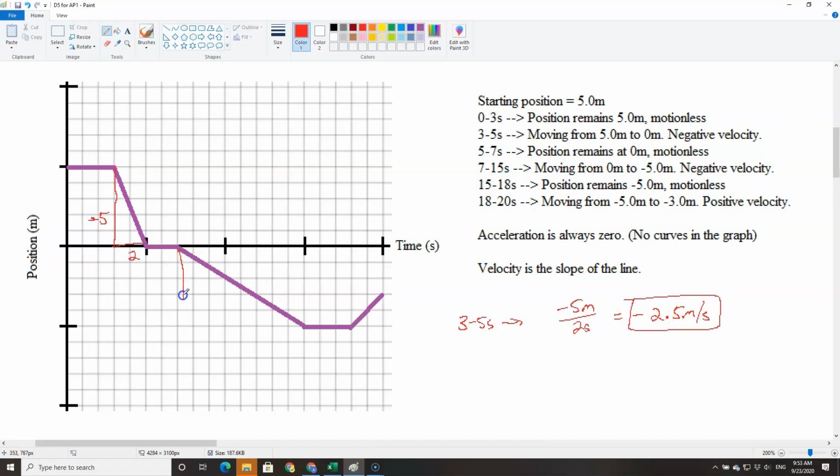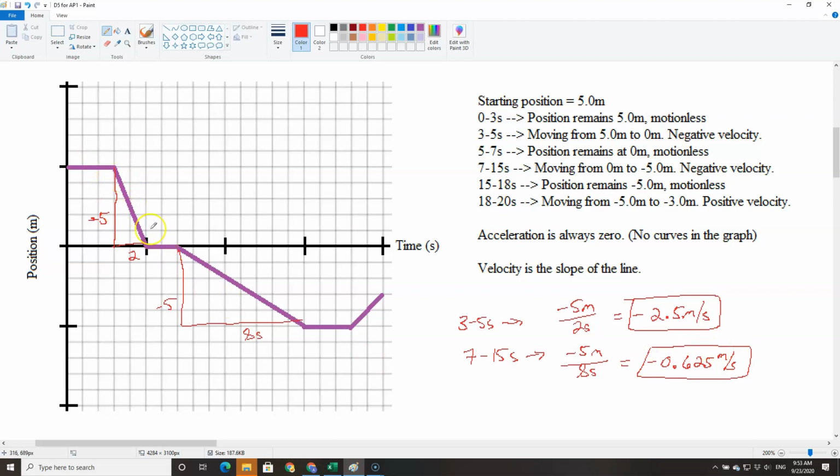Looking at this segment here, this is negative 5 meters. That spans 8 seconds. So from 7 to 15 seconds, we have negative 5 meters per 8 seconds. That will be a negative 0.625 meters per second for a velocity.